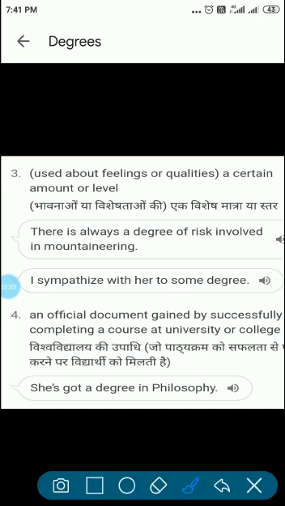What level of a quality or what level of a feeling we are discussing, to show that amount, to show that level of a certain quality of anything or certain emotion of something, we use the word degree. So this meaning of this word, we shall discuss in terms of English language.